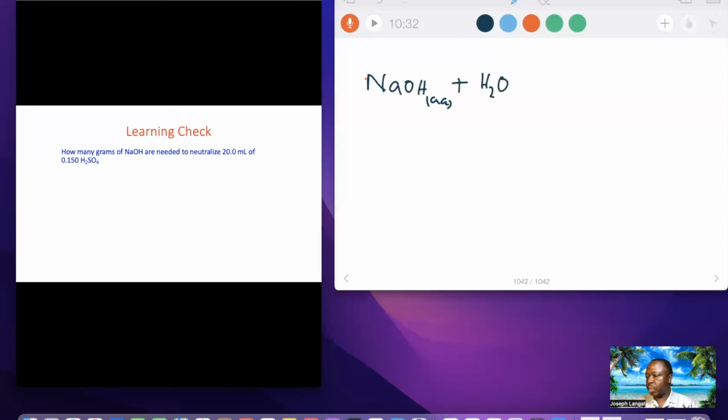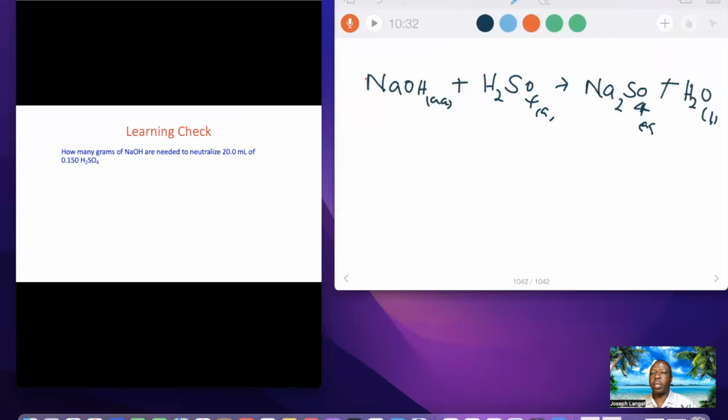This is acid-base neutralization, which means an acid reacts with a base to produce a salt. In this case, Na2SO4, sodium sulfate. Remember the crossover rule, you should know, aqueous, plus liquid H2O.